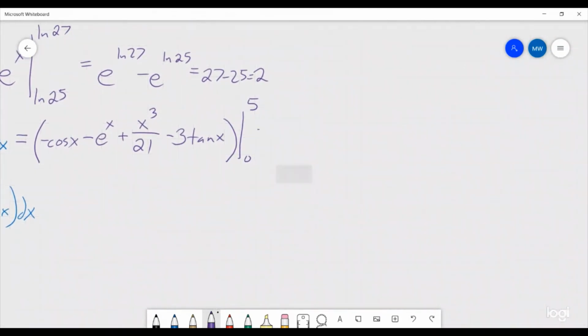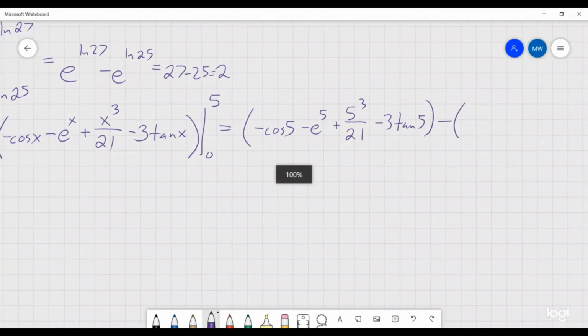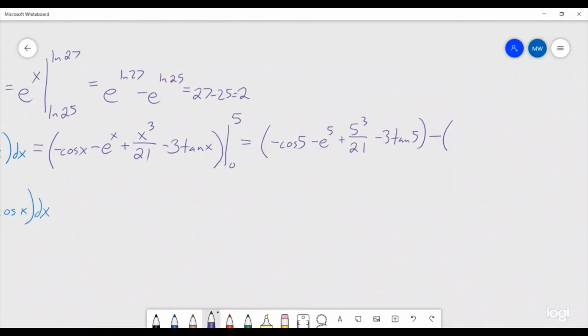So this is equal to negative cosine of 5 minus e to the 5 plus 5 cubed over 21 minus 3 tangent of 5 minus negative cosine of 0, negative 1, minus e to the 0, well, that's another 1, plus 1 over 21 minus 3 tangent of 0.